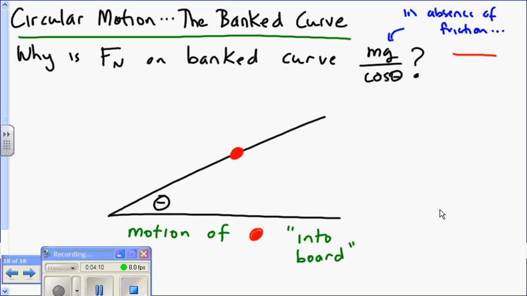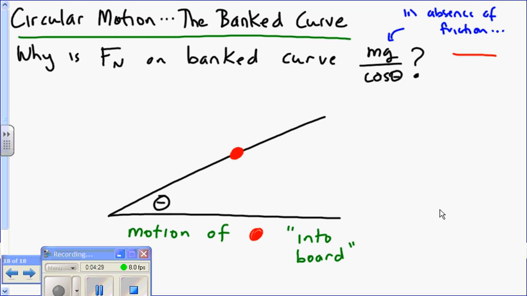And again, imagine you're speeding around on a racetrack that's on an inclined plane. You can almost feel yourself being sucked into the ground if you think about it enough. And that's what we're going to show, the math behind that.